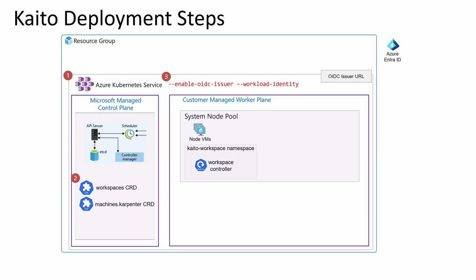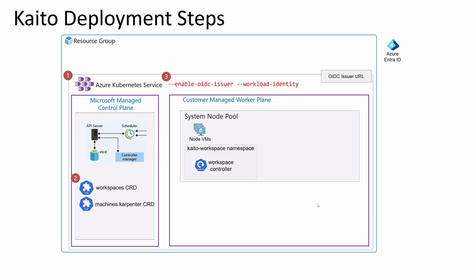OIDC is an authentication layer built on top of the OAuth 2.0 protocol, enabling workloads within Kubernetes to authenticate with external identity providers using standard tokens like JSON Web Tokens. So the OIDC issuer allows Kubernetes to expose an identity token endpoint that external systems like Azure Entra ID can trust for validating the service tokens.